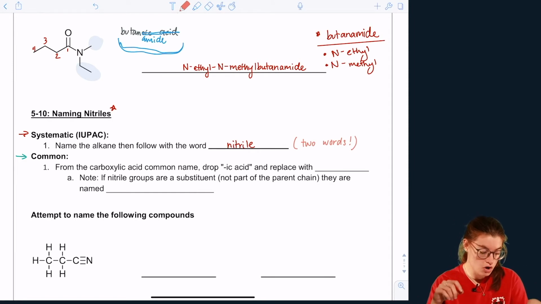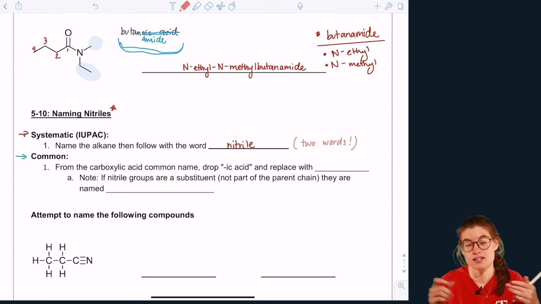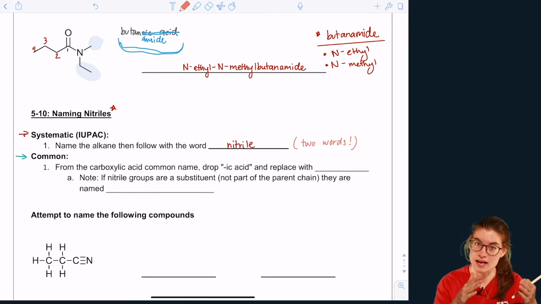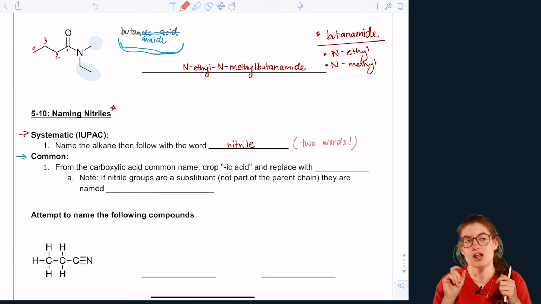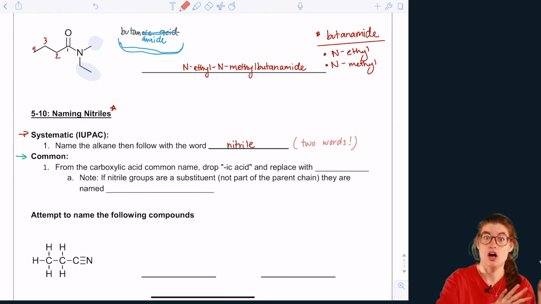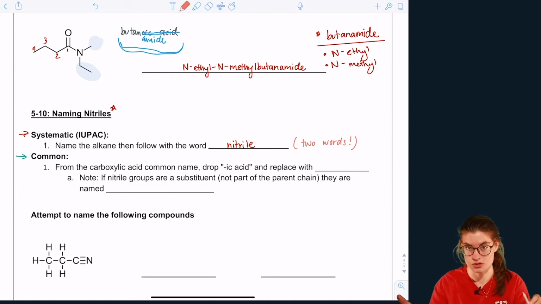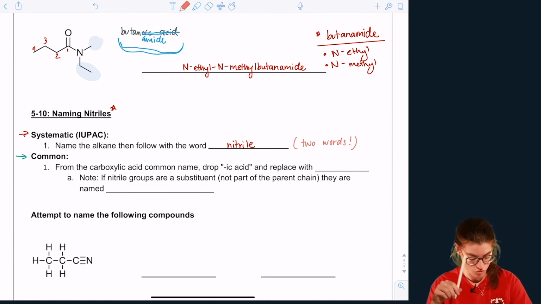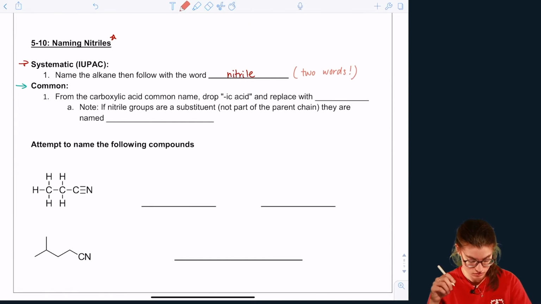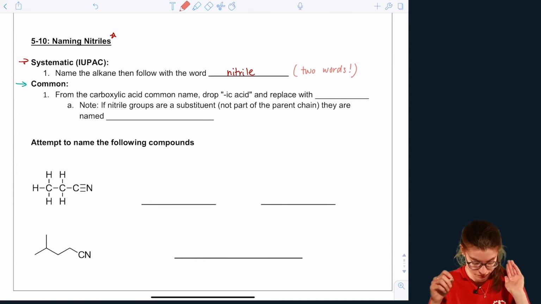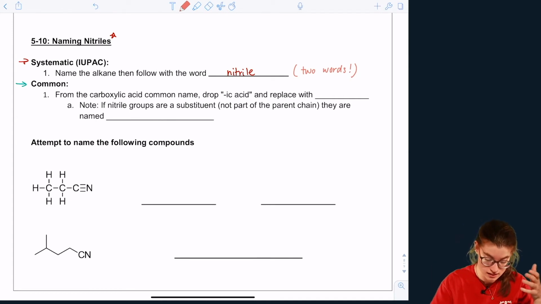So when you're naming nitriles the common way, we base that off of the common carboxylic acid nomenclature, okay? First let me tell you, you use the carboxylic acid, but you're going to use the common name.